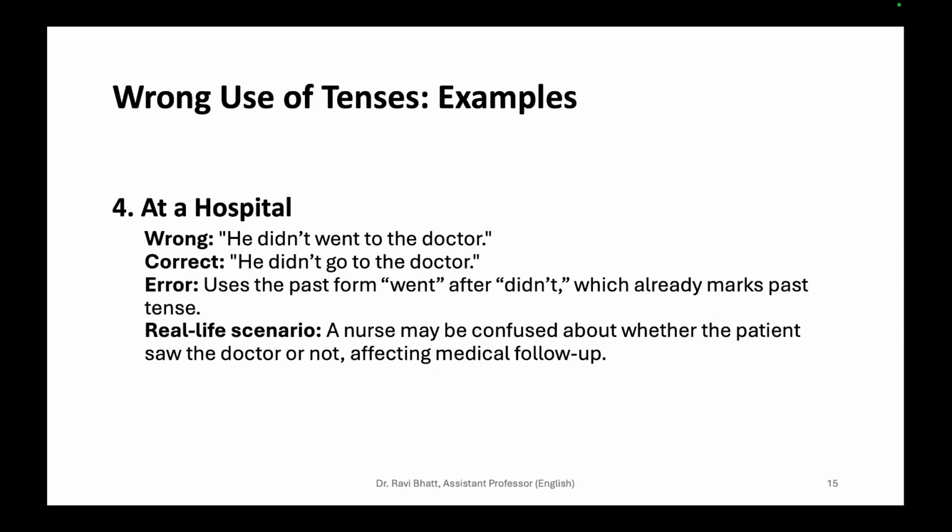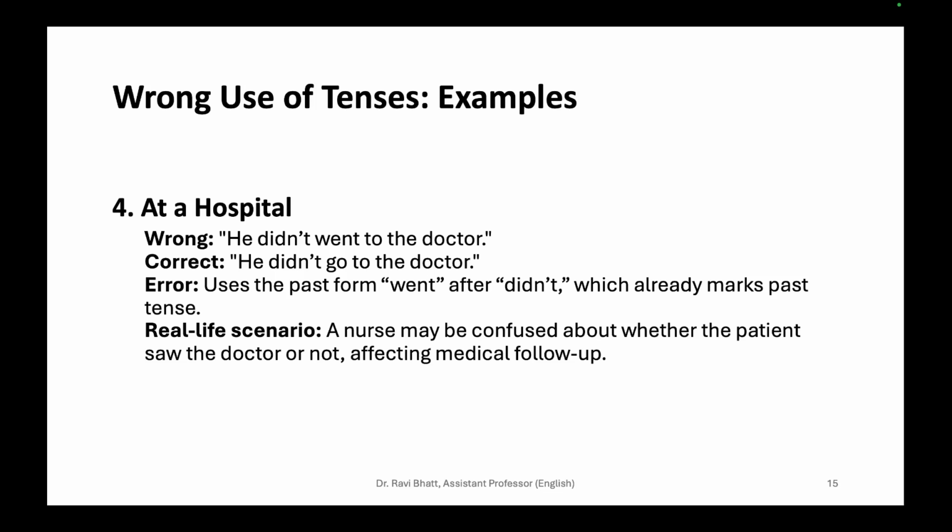Now say one more scenario at a hospital. "He didn't went to the doctor." Now, this is a very common mistake. Do, does, did. Always remember that. Do, does, did are always followed by the first form of the verb, the base form of the verb, that is "go."